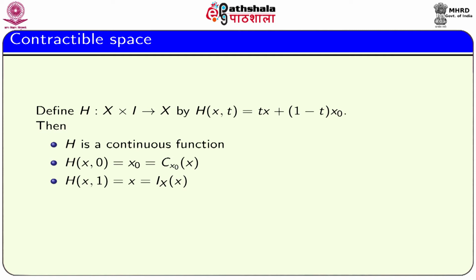H(x, 1) is x, that is, the identity function evaluated at the point x. Therefore, C_x0 and I_X, these two are homotopic via the homotopy capital H.